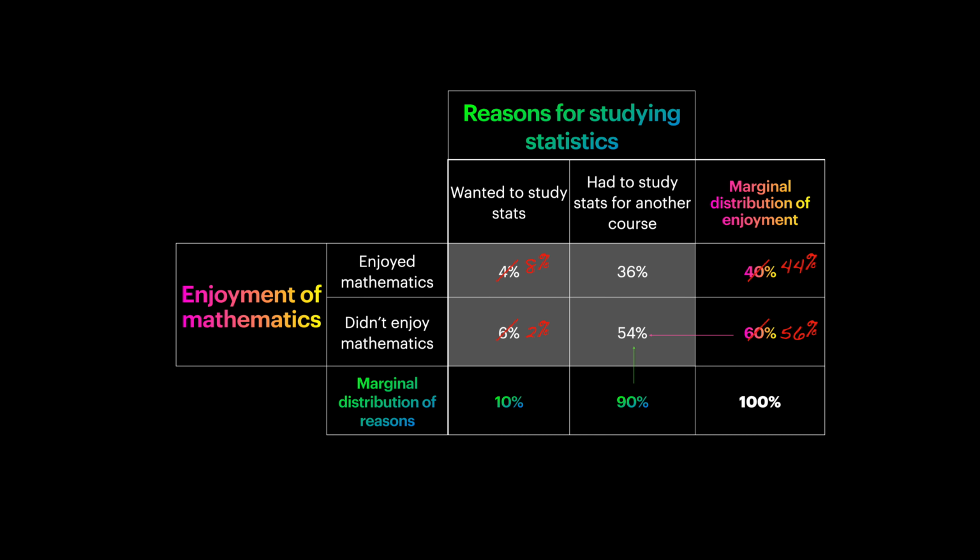So we can still find the marginal distribution by adding up the relevant column of the joint distribution, or the relevant row of the joint distribution. What doesn't work anymore is trying to multiply those percentages out. That breaks down. So 90% times 56% isn't 54%, it's actually 50.4%, and so on. Each of those percentages change.